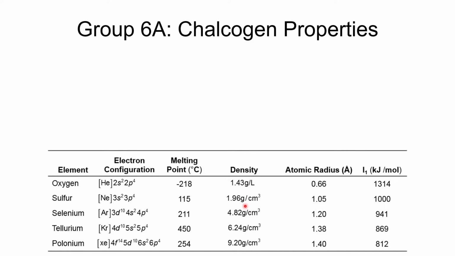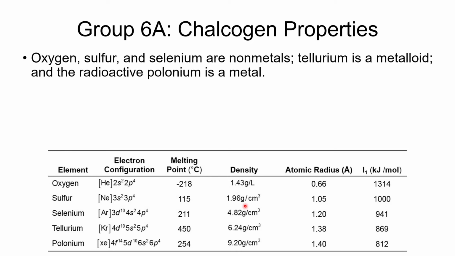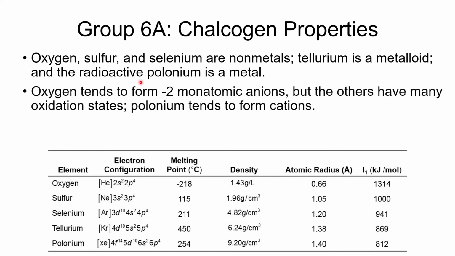All right, group 6, the chalcogens. Oxygen, sulfur, and selenium are nonmetals. Tellurium counts as a metalloid, and the radioactive element polonium counts as a metal. So there's quite a range of possibilities for group 6.